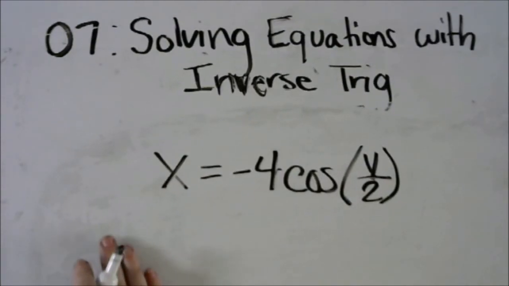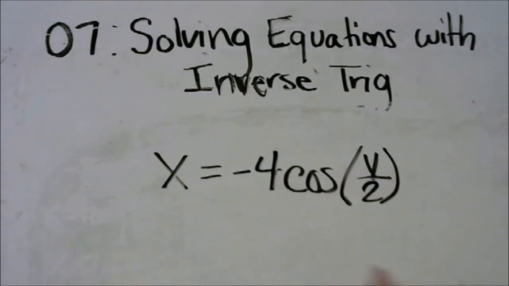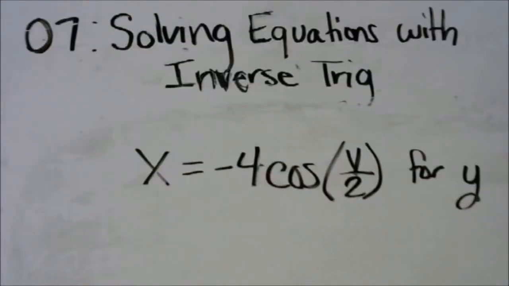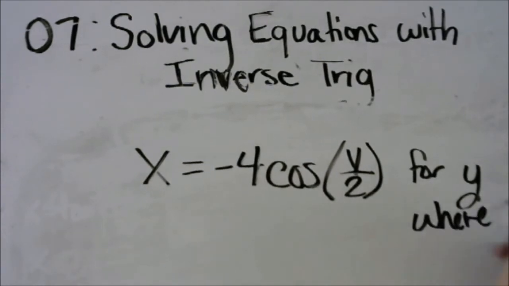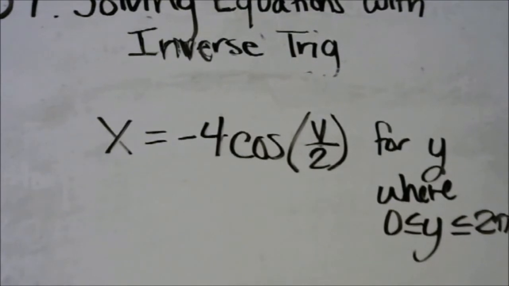So we're going to solve x equals negative 4 cosine y over 2 for y. And this is something you're going to see a lot when you're solving equations with inverse trig. We're going to restrict the values of y. So, how do we do that?